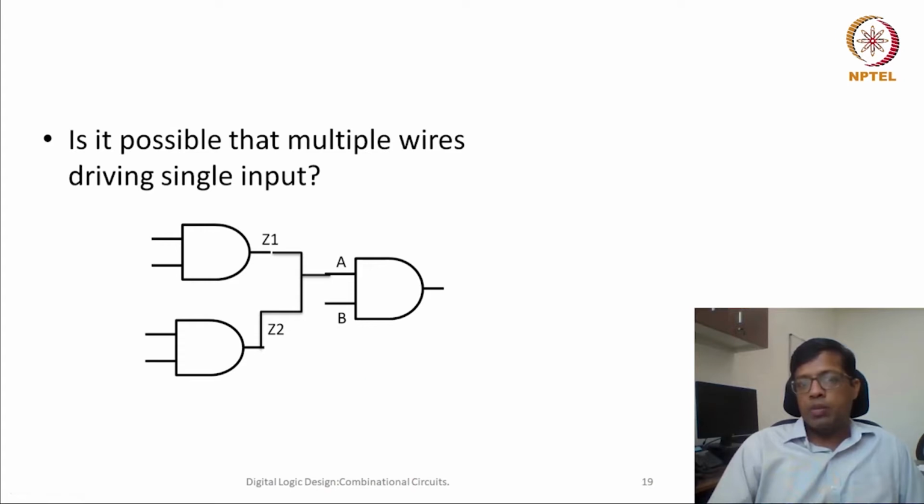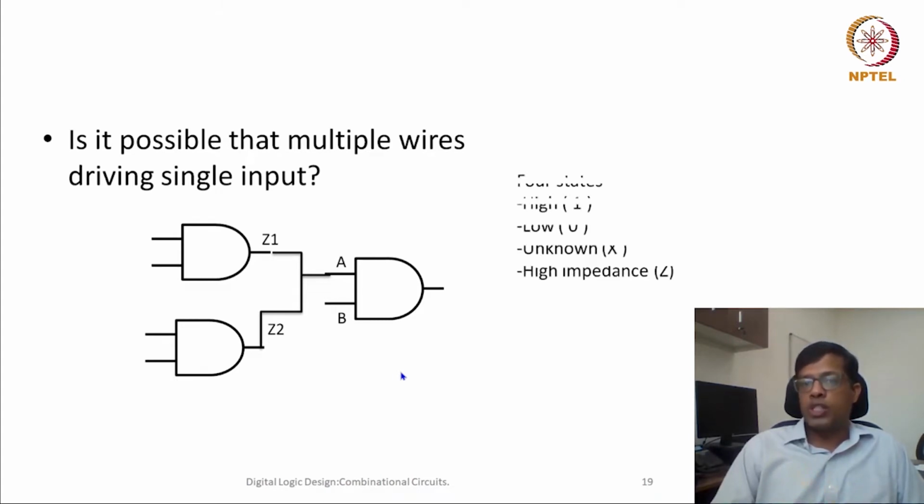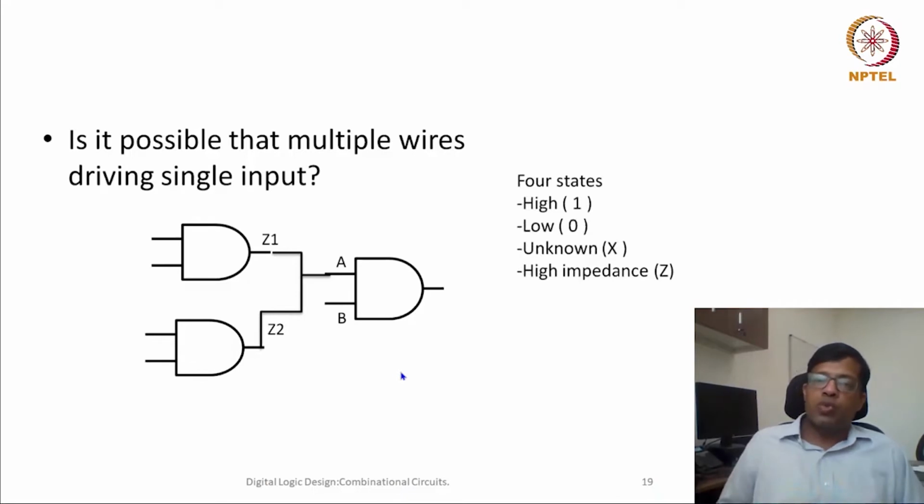So in real circuits, when such situations occur, there are more than the two values 0 and 1 possible. In a realistic scenario, we can say that digital circuits can have more than two values. We can call it a four logic system. So there could be four different logic states which are possible.